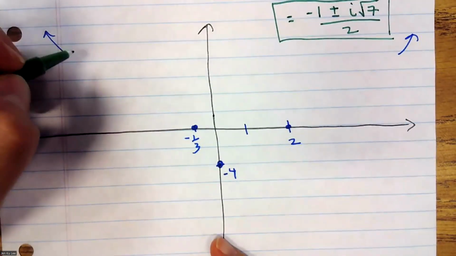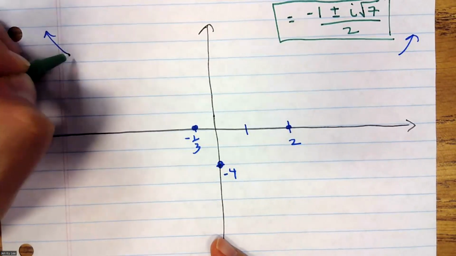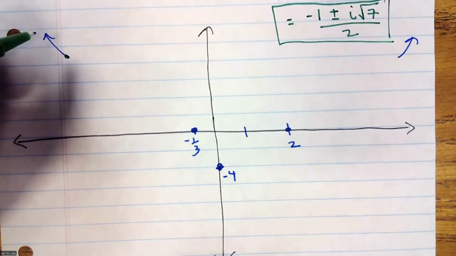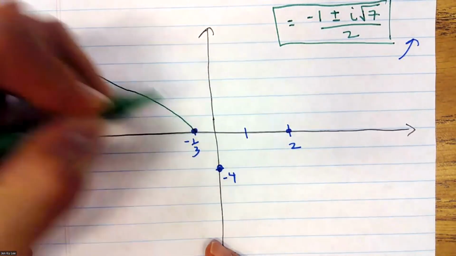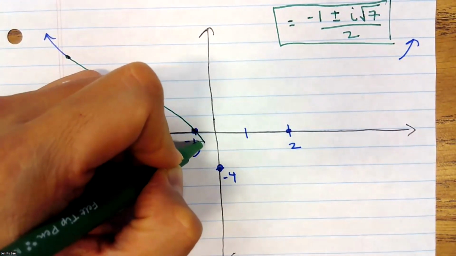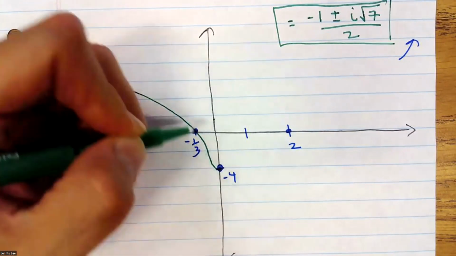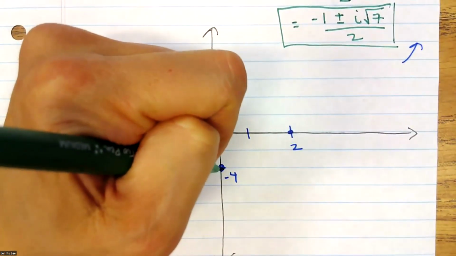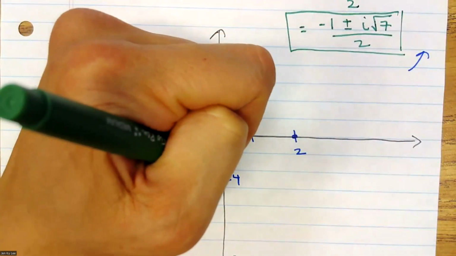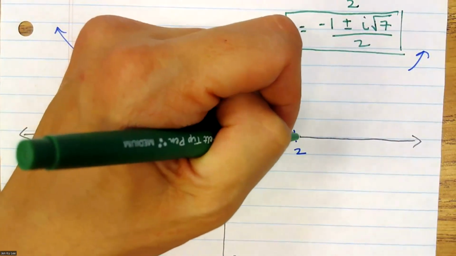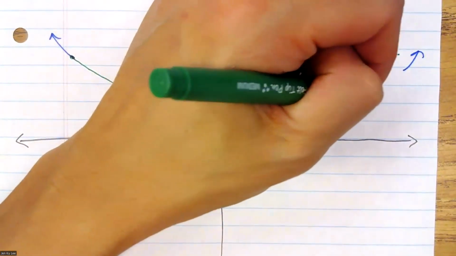And then I will start with my negative end behavior. I would come down to the 1/3, go through it because that's a multiplicity of 1, come down to the negative 4, my y-intercept. I know I'm going to have to eventually come back up to 2 and then go to my end behavior.